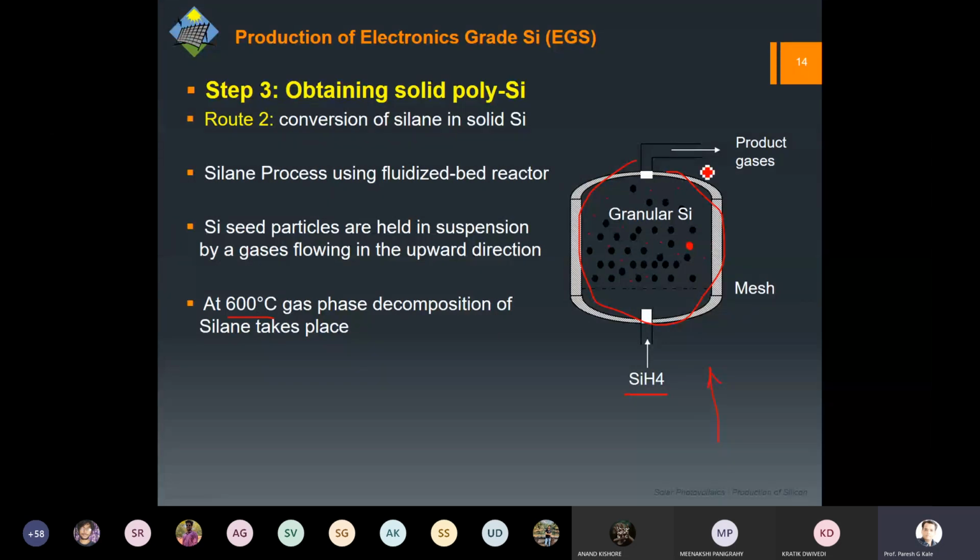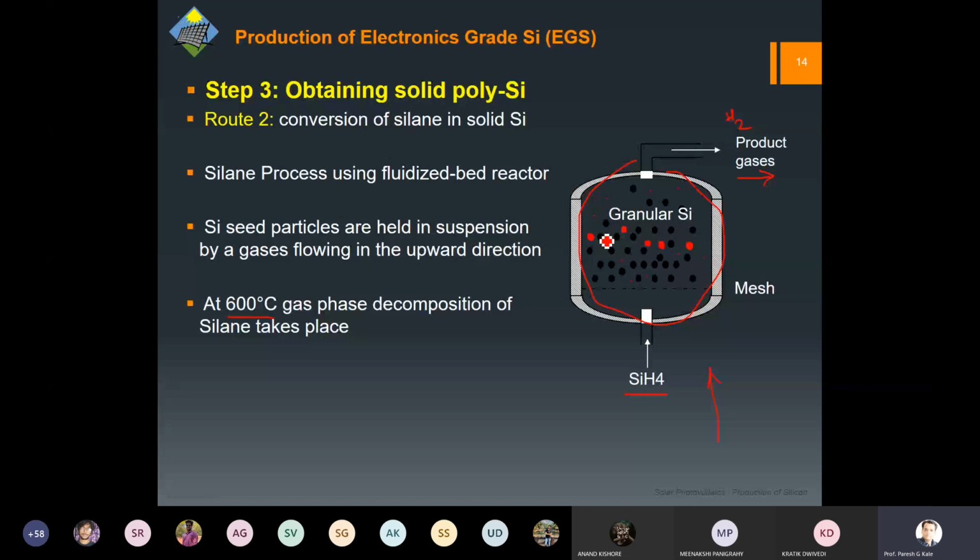The rest of the gas, that is the hydrogen product gas, is going to go out as a waste gas. What happens now is the size of these seed particles goes on increasing, and you can see that it is suspended in air. While the weight is very small, it can remain suspended in the environment as a particle.